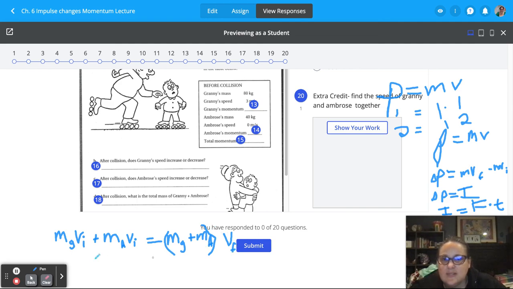So you can use this equation to determine the final velocity of Granny and Ambrose. So you have the mass and initial velocity of Granny here. You have the mass and initial velocity for Ambrose here, which comes out to 0. And then you have the mass of Granny plus Ambrose, which we found to be 120 kilograms. And then final velocity is what you're solving for.